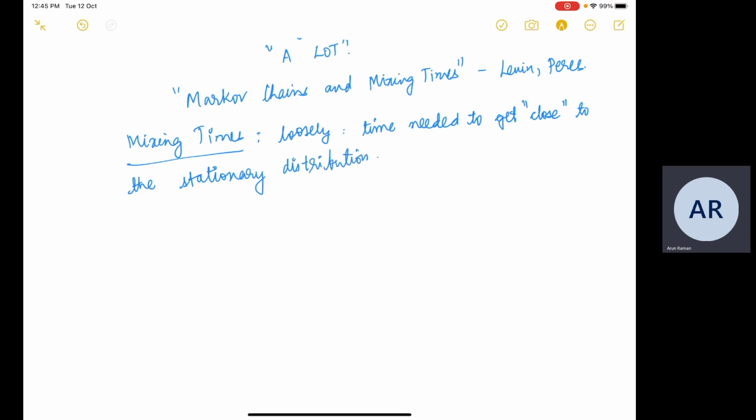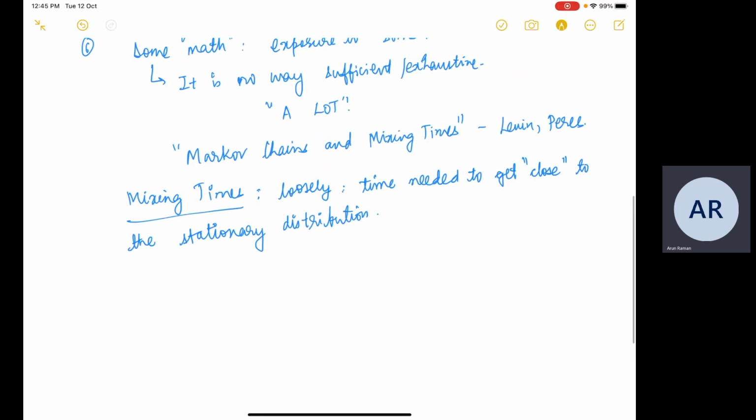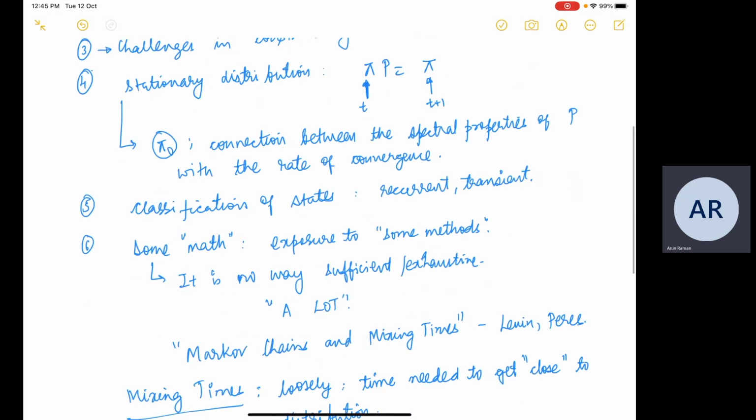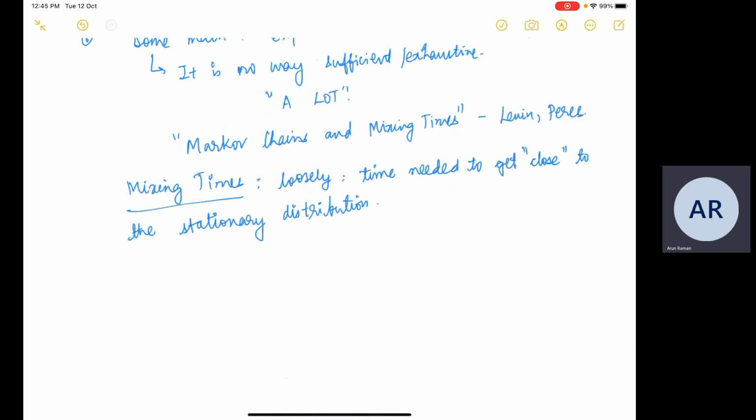So in a way, that is the convergence analysis in Markov chains. If we start with an initial probability vector pi naught, how fast will we converge to a stationary distribution? So the whole book is in a way devoted to this analysis.